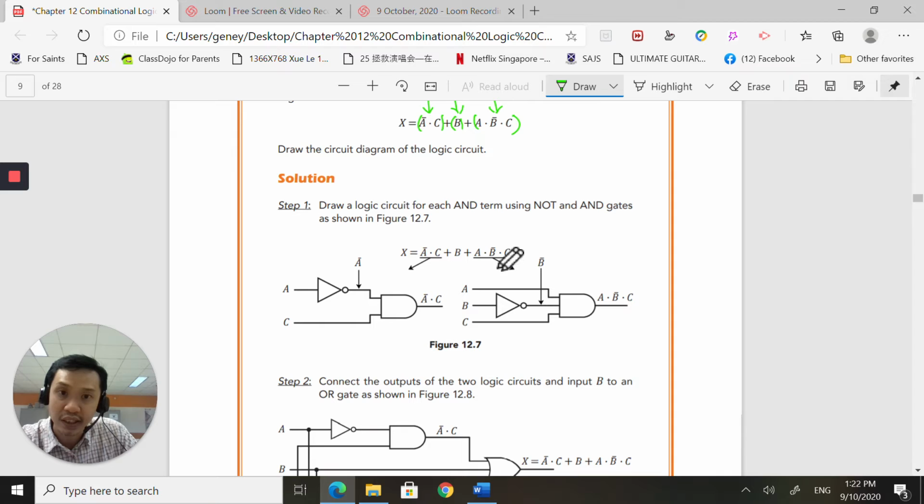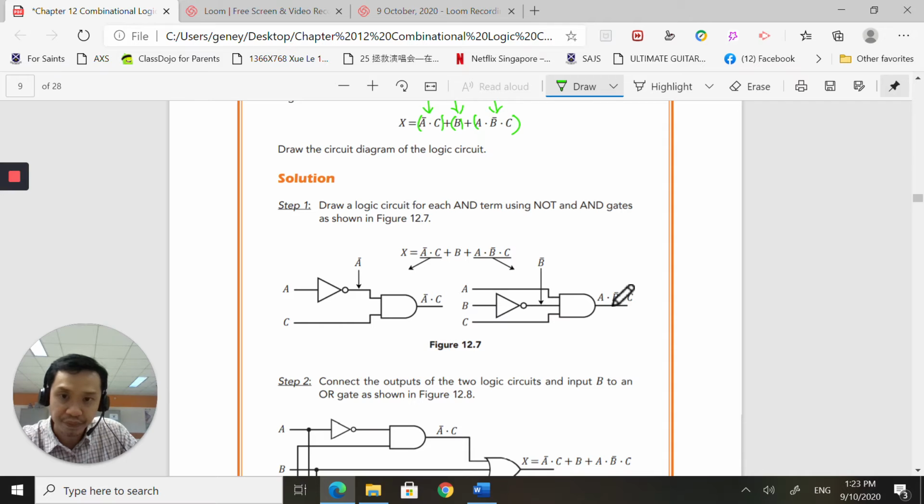This is a 3-input AND gate. A is straightforward, goes into A, C is straightforward, goes into C, but for B, I need a complement. So I need to put a NOT gate in between the B signal and the input of the AND gate here. So it becomes A, B complement, and C.